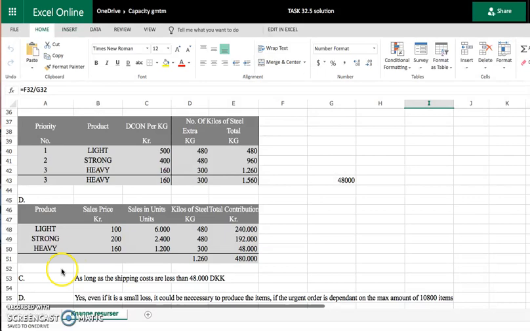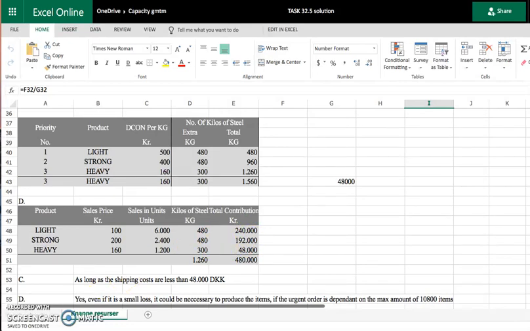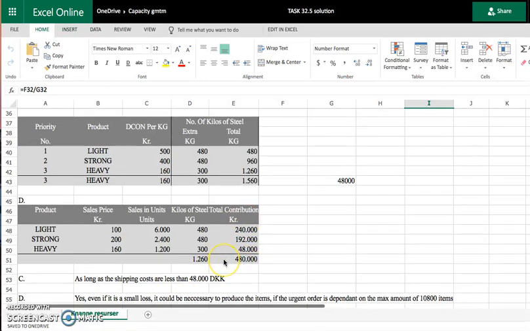Calculating total contribution here, as we see, the total contribution is 480,000.